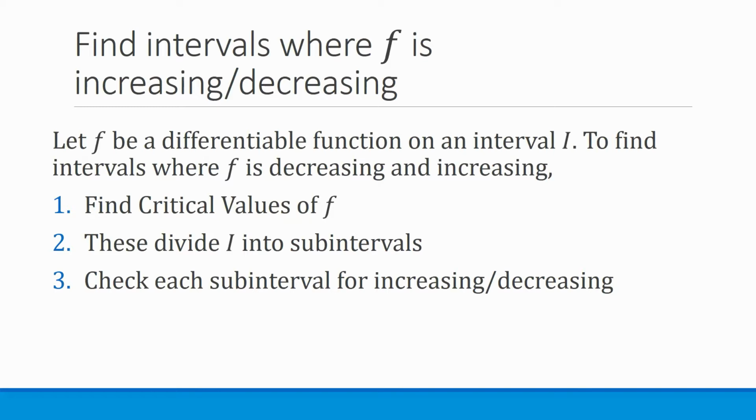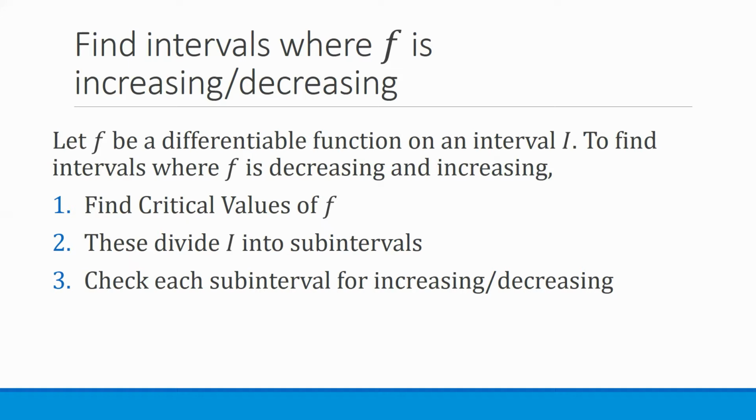Let f be a differentiable function on an interval I. To find intervals where our function is decreasing and increasing, we can use a three-step process. First, we find the critical values of f.